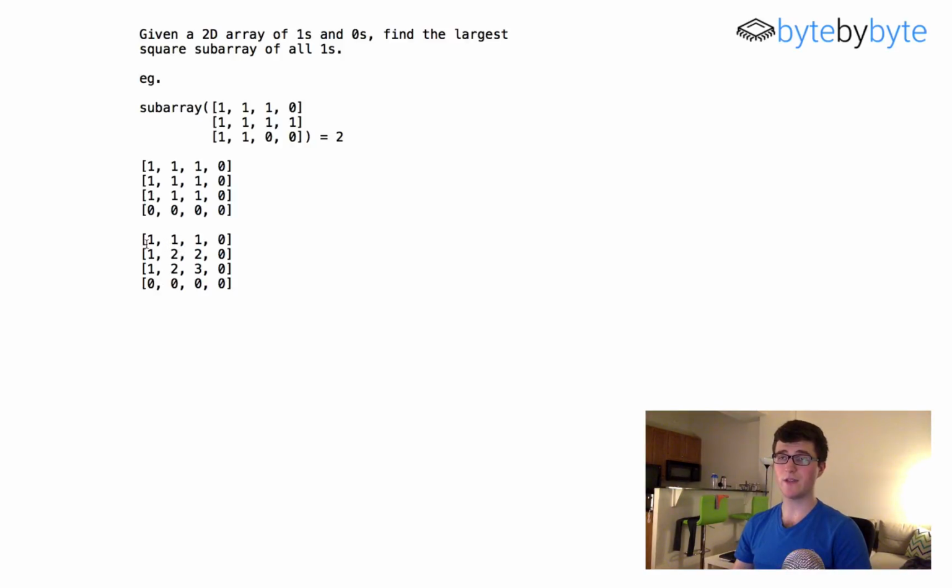So let's imagine that we're going to go through this and generate this array. Let's go back to the beginning and zero all these out, and we'll need something to start with. So let's start with this first cell.